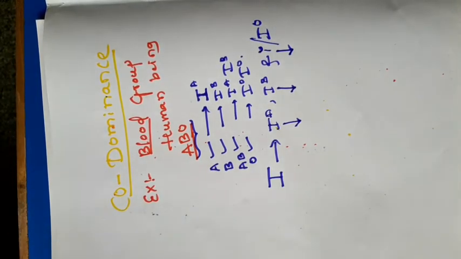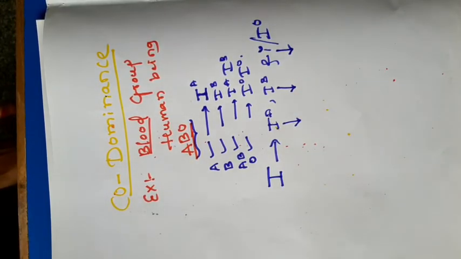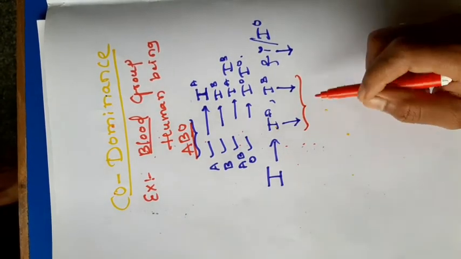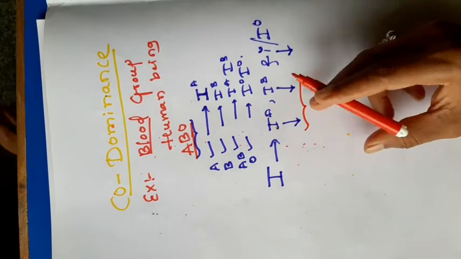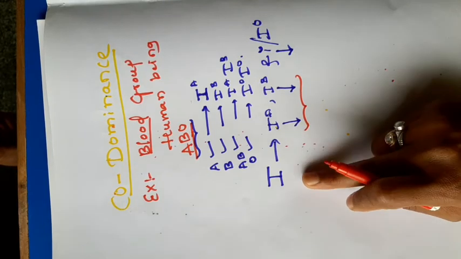Because humans are diploid organisms, each person possesses any 2 of the 3 alleles. In human beings, any 2 alleles of the I gene will be expressed.